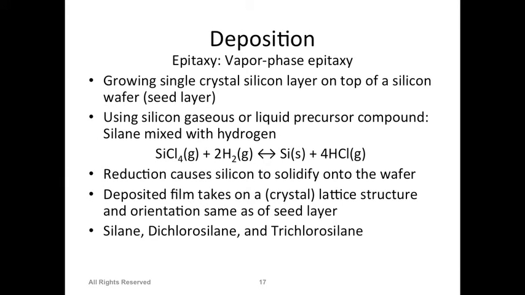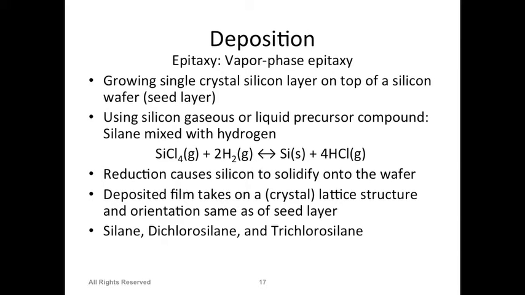There is another deposition technique. It's called epitaxy. Again, it's a vapor phase deposition, and the major difference is that epitaxy is a CVD process, a chemical vapor deposition process. It means you have gaseous precursors which react on the surface and start getting deposited on the surface.